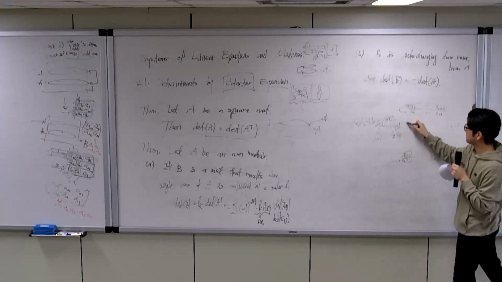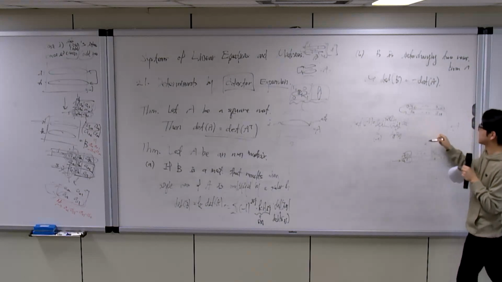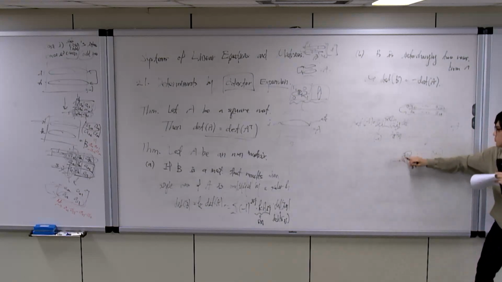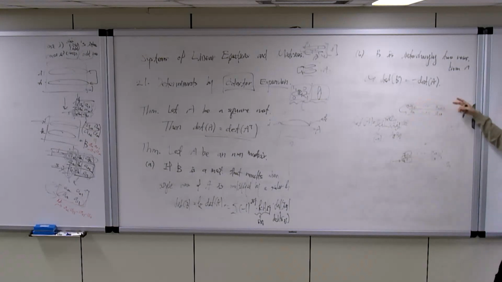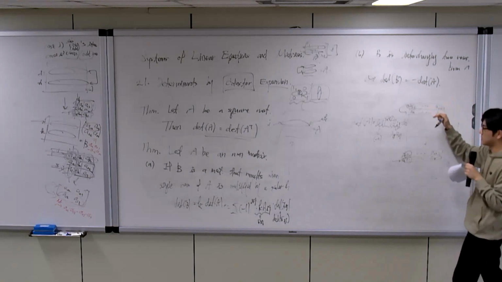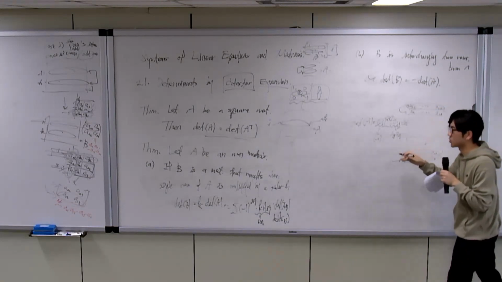The minor matrix is just removing this line, and it does not change the minor matrix or the order of the minor matrix.